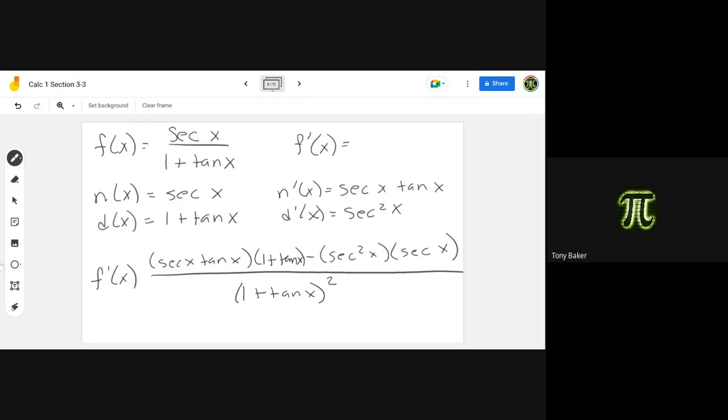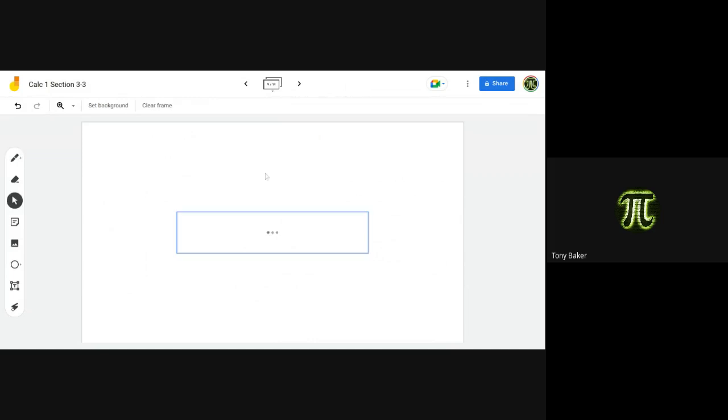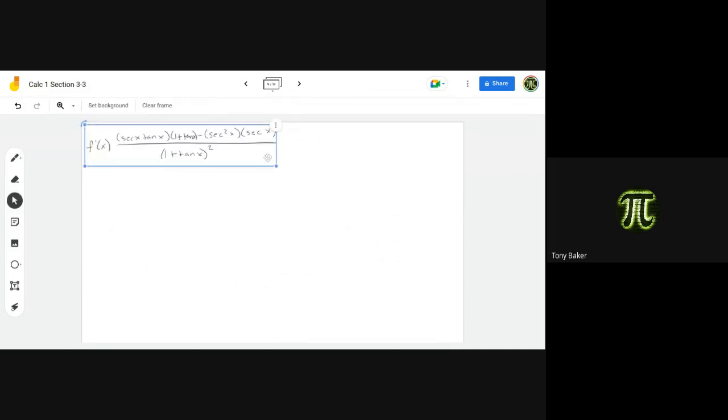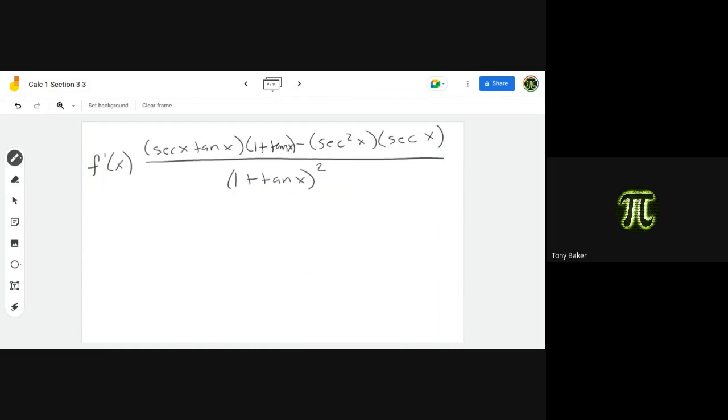So let's clean this all up. All right. So if we look at this, this is where algebra really comes into play.